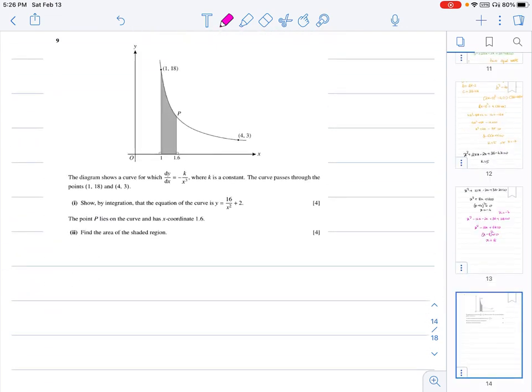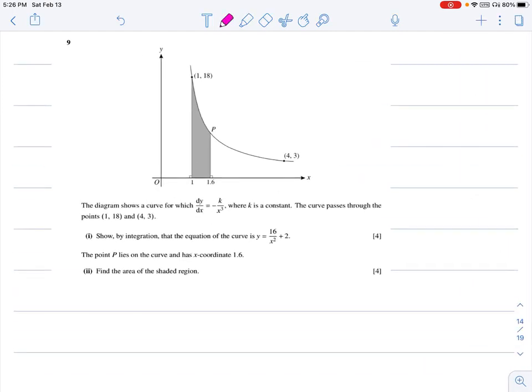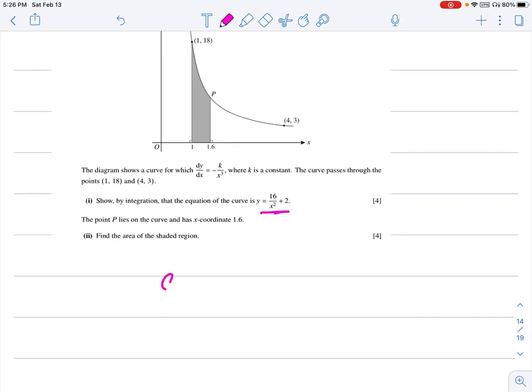Question number 9. The diagram shows dy by dx is equal to this expression. Show by integration the equation of the curve. So dy by dx is equal to minus k upon x cubed.